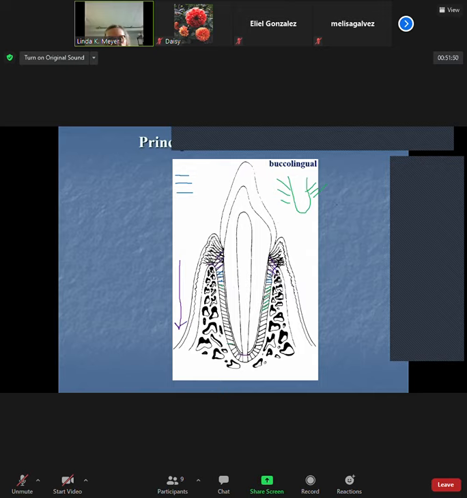They start just apical to the horizontal fibers, and they end right about there. So they are the largest group, and it says on the outline that they're in the apical 2/3 of the root. So they're the biggest, overall the most important group.